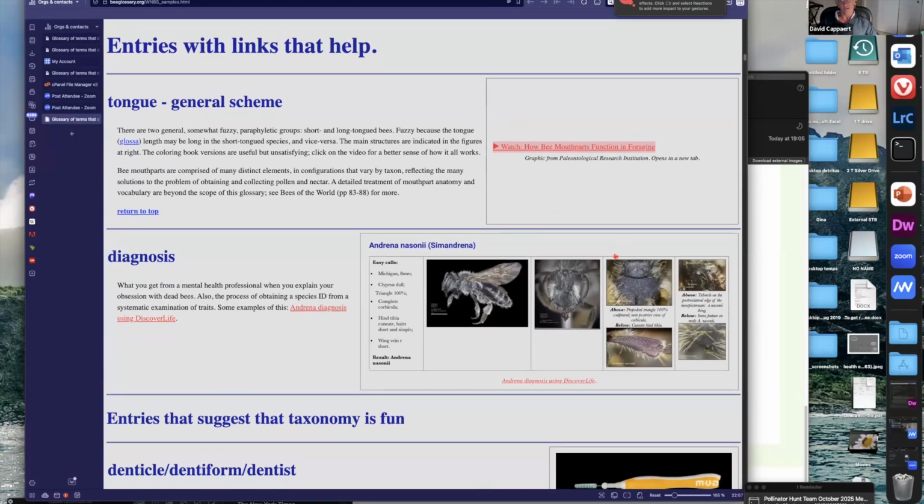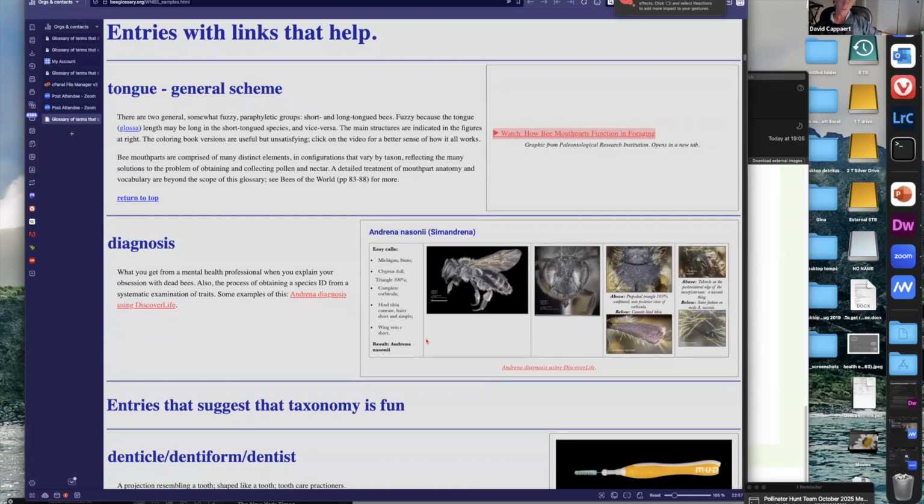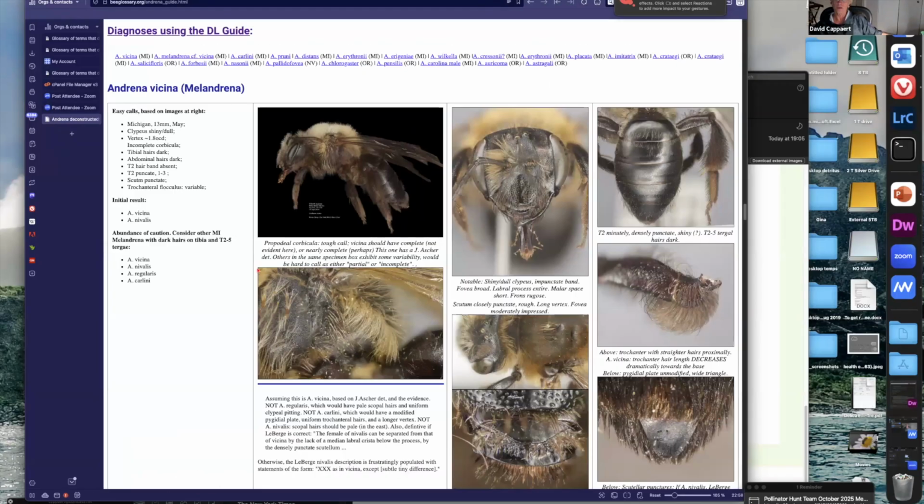And another place that I put a link in here, and this is also not something you need a definition for. Diagnosis is the word that we use when we're talking about trying to get the identity of something. But I think it's worth sometimes asking, so we can toss that term off, what do we mean by it?